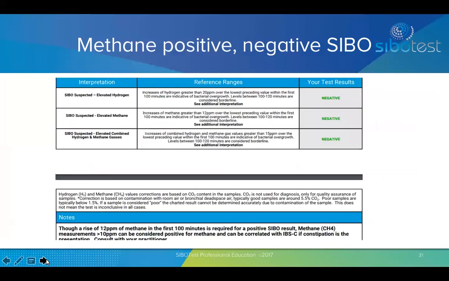And then in the additional notes, you can see here that though a rise of 12 parts per million of methane in the first 100 minutes is required for a positive SIBO result, methane measurements greater than 10 parts per million can be considered positive for methane and can be correlated with IBS-C if constipation is present. So important concept for practitioners out there.